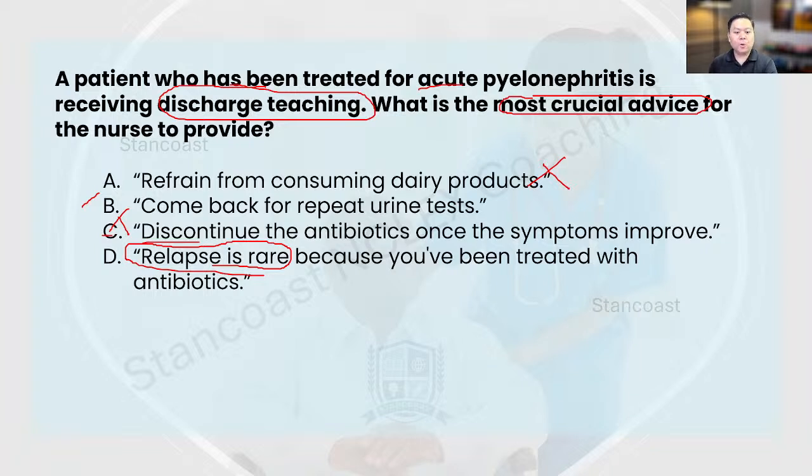Another strategy is to eliminate those clearly incorrect options, especially the options that are not relevant, like the food and dairy intake, the one giving false reassurance, and also letter C, telling the patient to discontinue once they feel better.